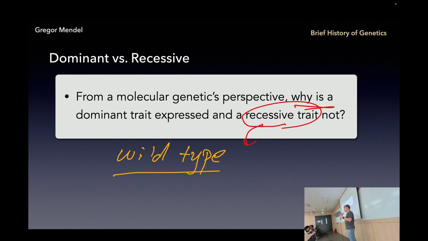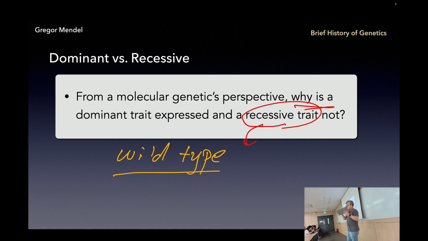A lot of mutations are just like that, because mutations occur randomly, and as a result the wild type function has been lost. But now, if you had this wild type and mutant version of hemoglobin in a heterozygous status, which one would be dominant? Your wild type will be dominant because it can still function. The recessive mutant has just lost the function and became recessive.